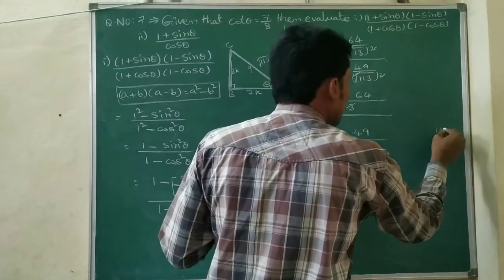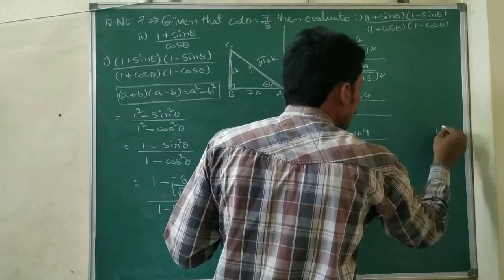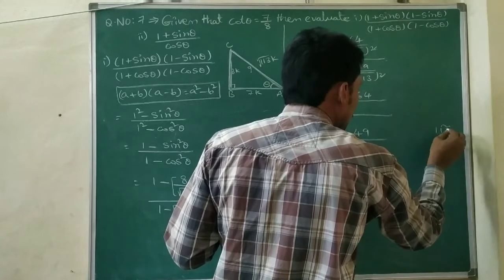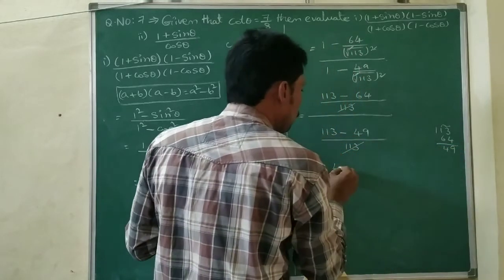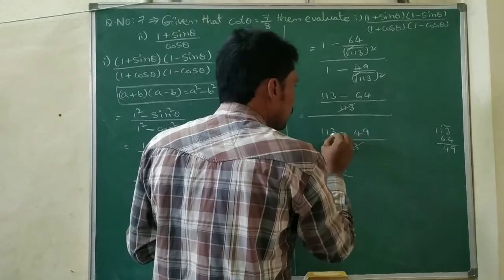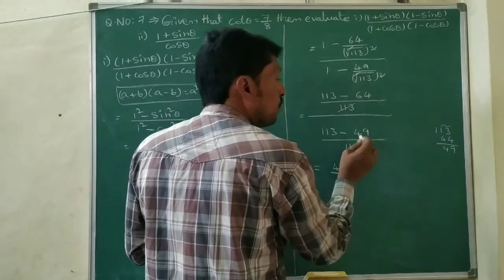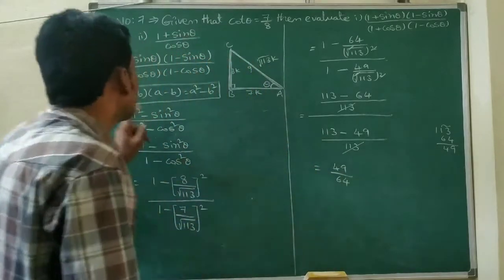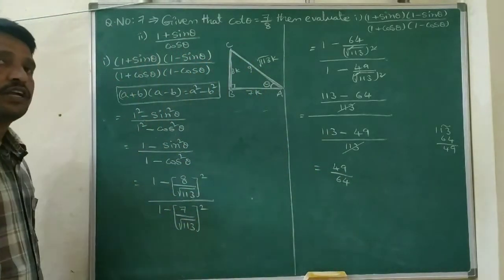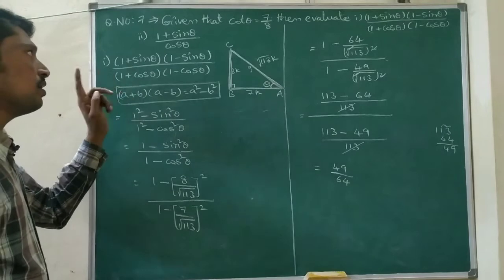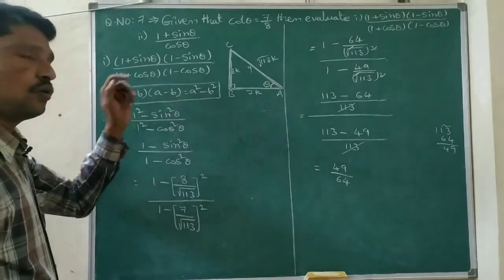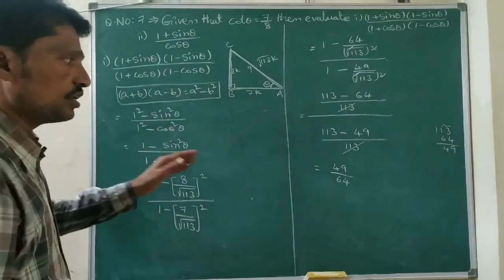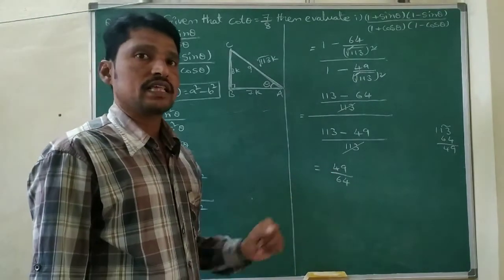So 113, 64 you can get, 113 minus 49 we are getting 64. So this is (1 plus sin theta) into (1 minus sin theta) by (1 plus cos theta) into (1 minus cos theta), value we got it: 49 by 64.